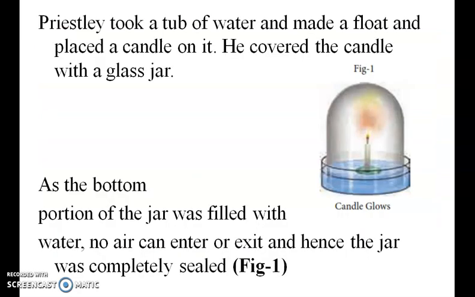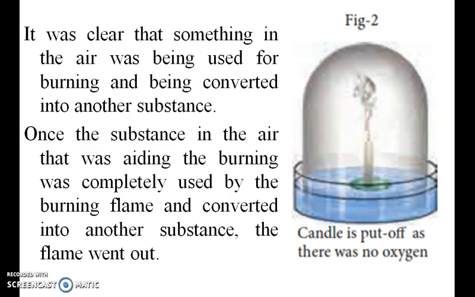This was explained with a picture, and in this picture we can see a candle, and the jar was filled with water and no air can enter or exit, since the jar was completely sealed. After some time the candle stopped burning. So this shows there is no oxygen.